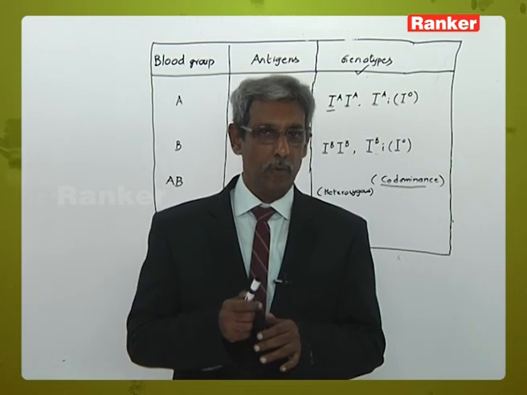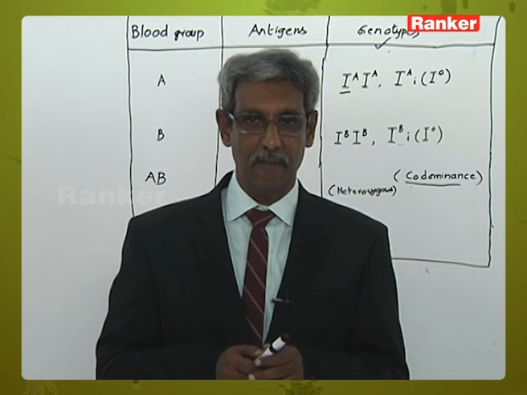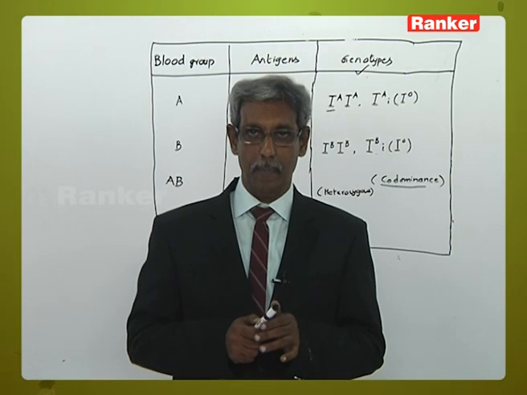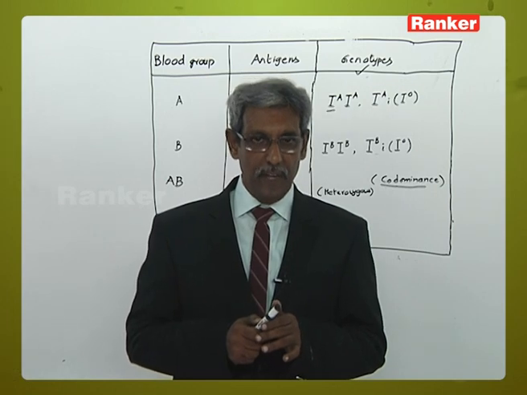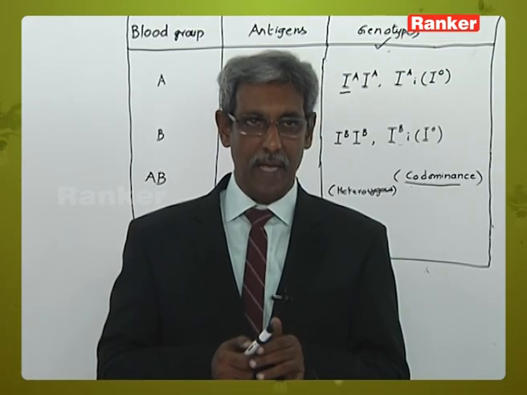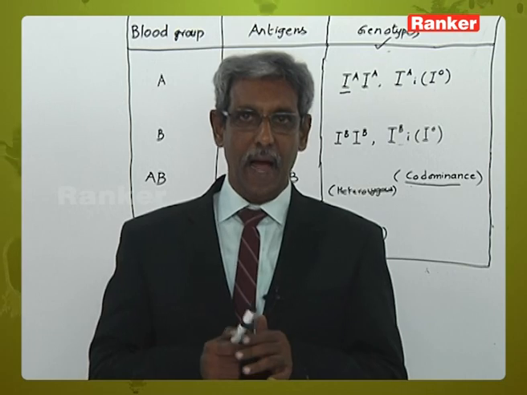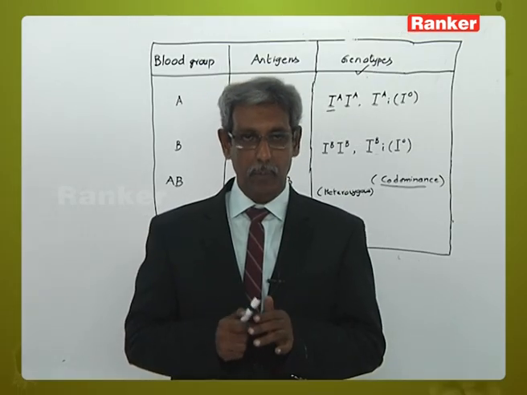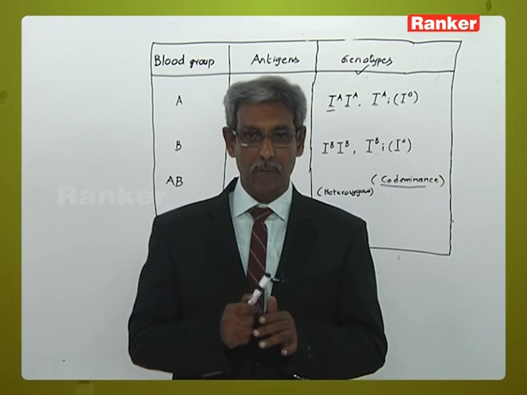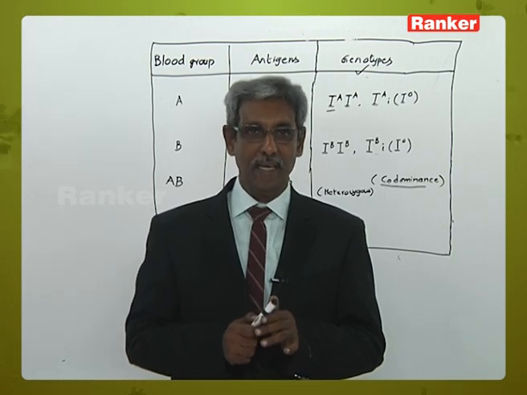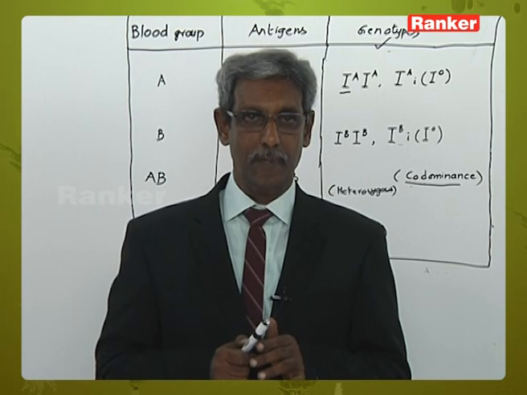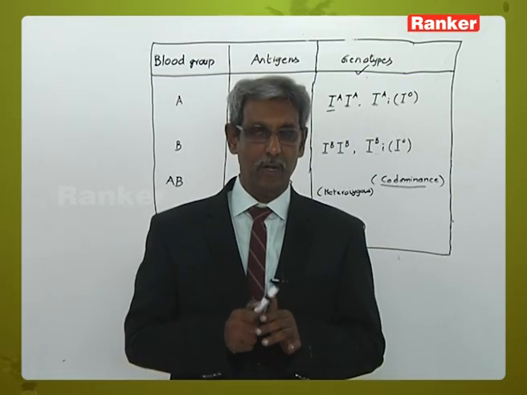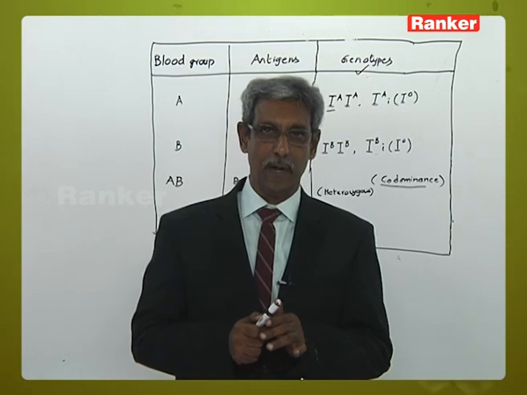In problem number 14, which genotype does not form any sugar polymer on the surface of the red blood corpuscles? If there is small i and small i, a recessive gene, the antigenic property is not expressed. Thereby in blood group O, you do not have the formation of any sugar polymer, and the right answer is D, which is small i, recessive.